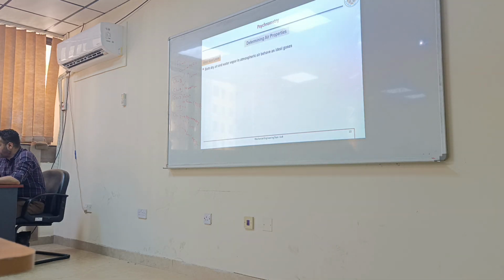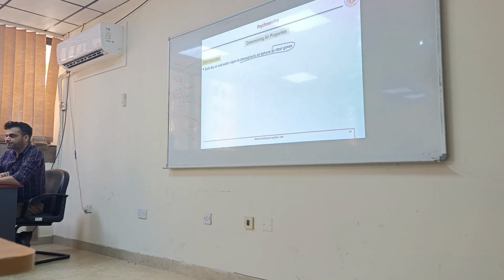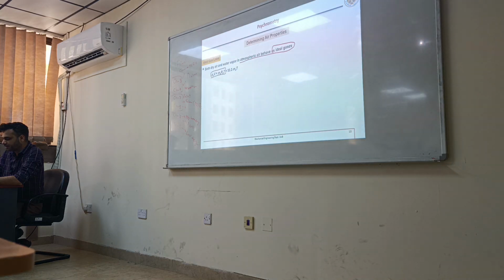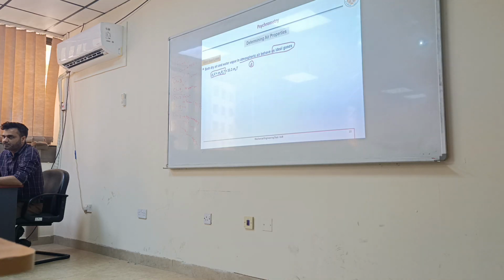Now we want to find out these air properties. Both dry air and water vapor in atmospheric air are acting like ideal gases, dry air part and also vapor part, as we discussed already. So that's why I can write this for dry air part. A here means dry air. PV is equal to mRT, and R of dry air is this much in English units.